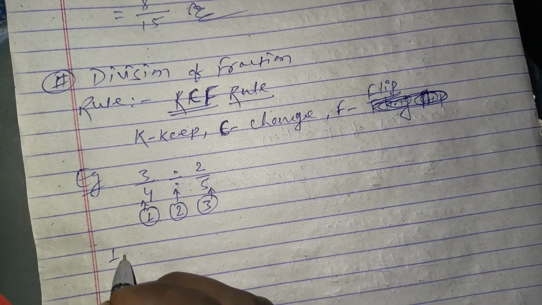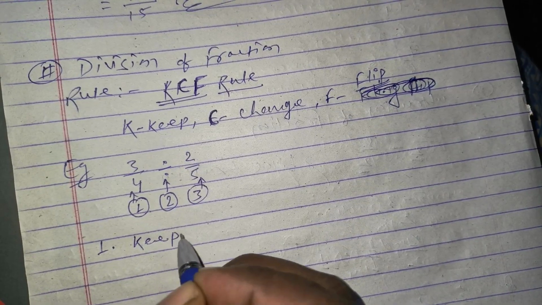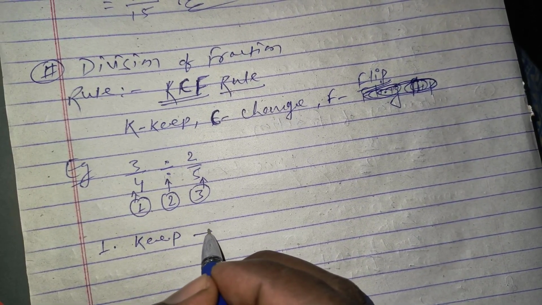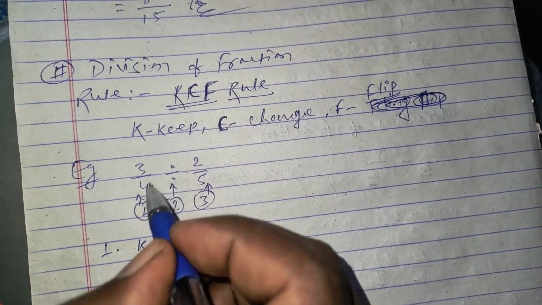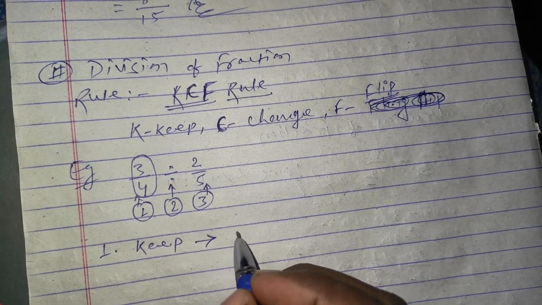In the first number, keep means the first term, which is 3 by 4, stays the same. It does not change.